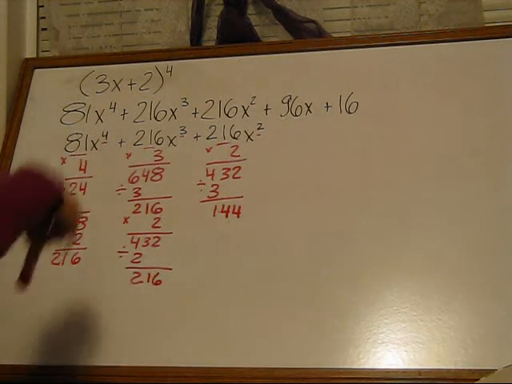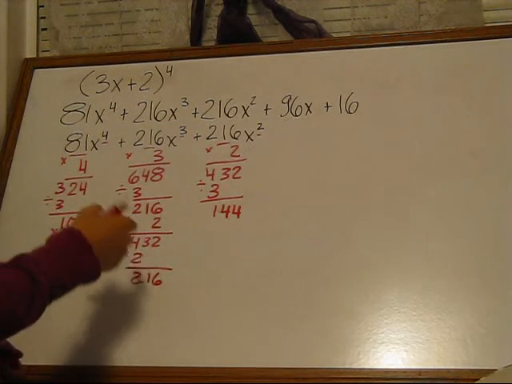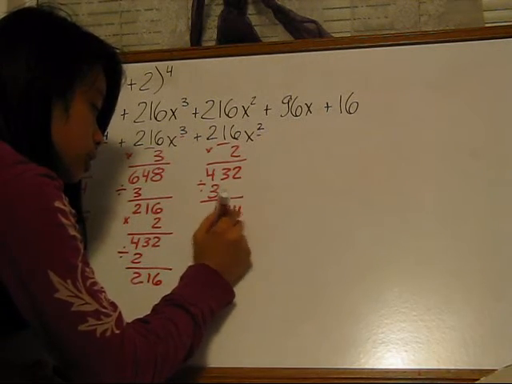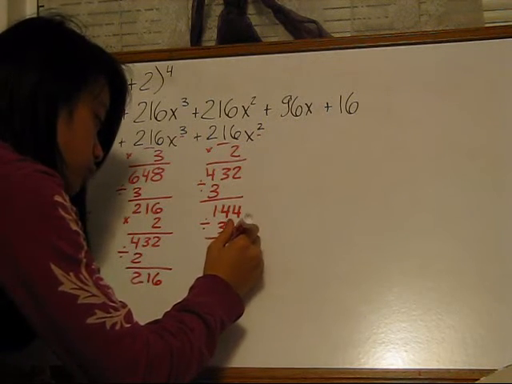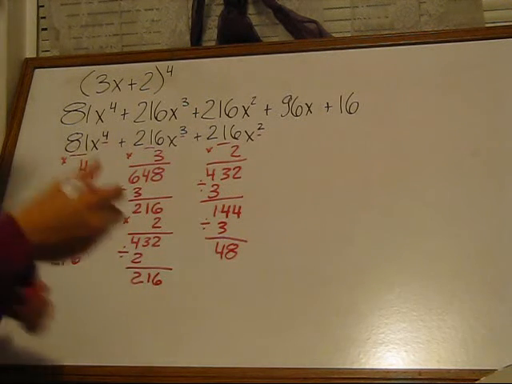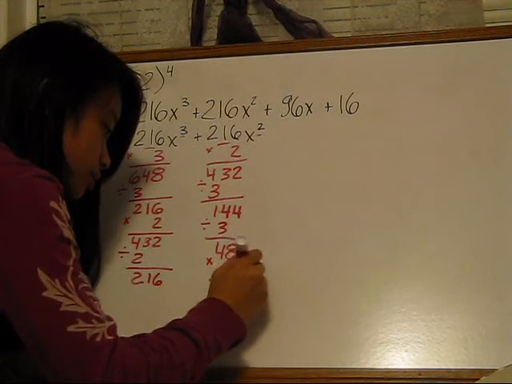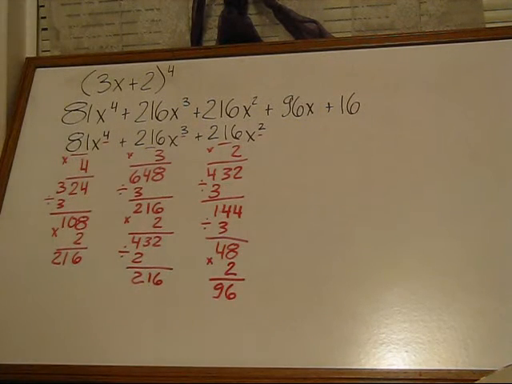Now this time you see that you have 3 terms on the board, so then you would take this number and divide it by 3. Oh, I forgot to multiply by 2. Okay. Yeah, so multiply by 2, that's 96. So 96 would be your next term.